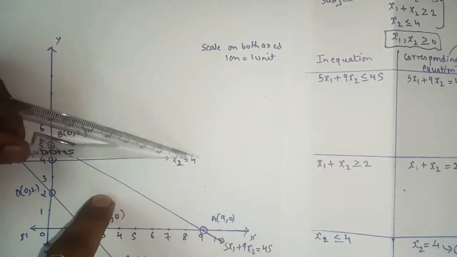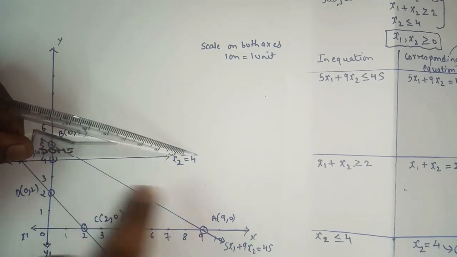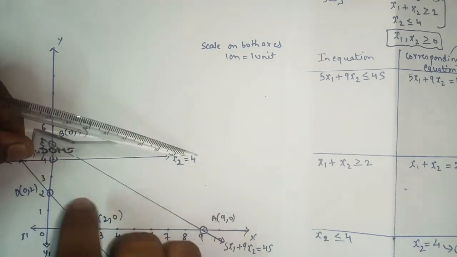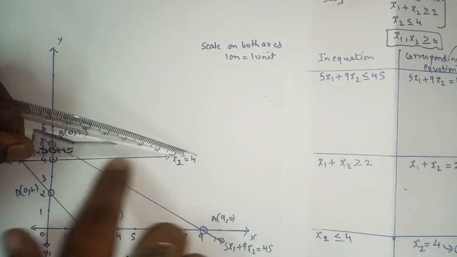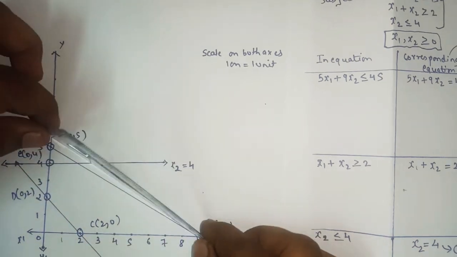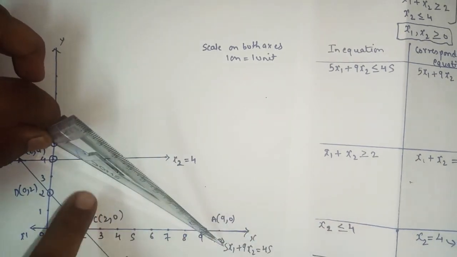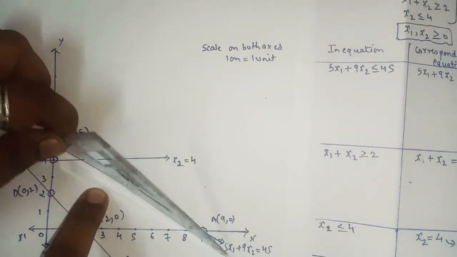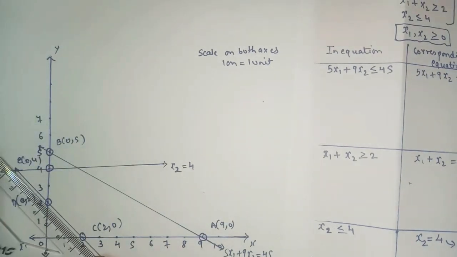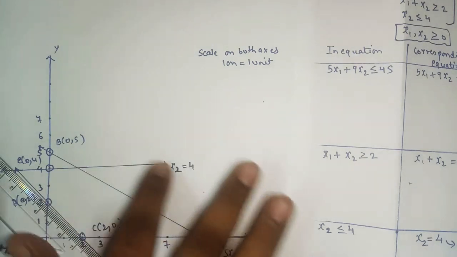Now we'll check the last one. For the last one, it is less than, so inside. For this equation, the shaded region will come down. So clearly we can see that for all the three linear equations, this region is common. Less than means this region will come. For this, greater than means this part will come.